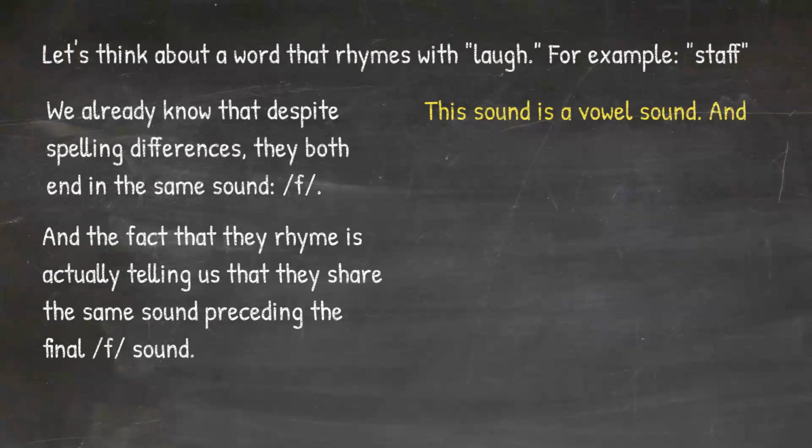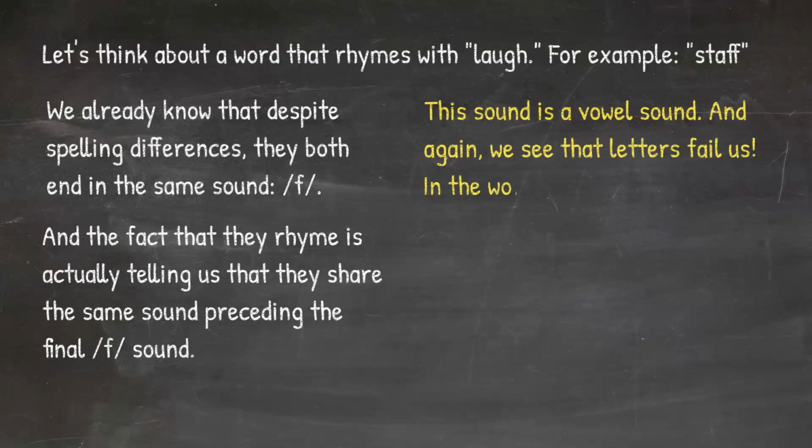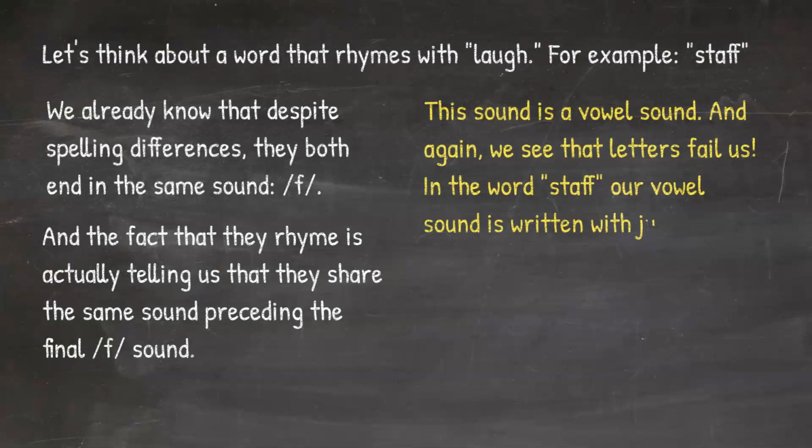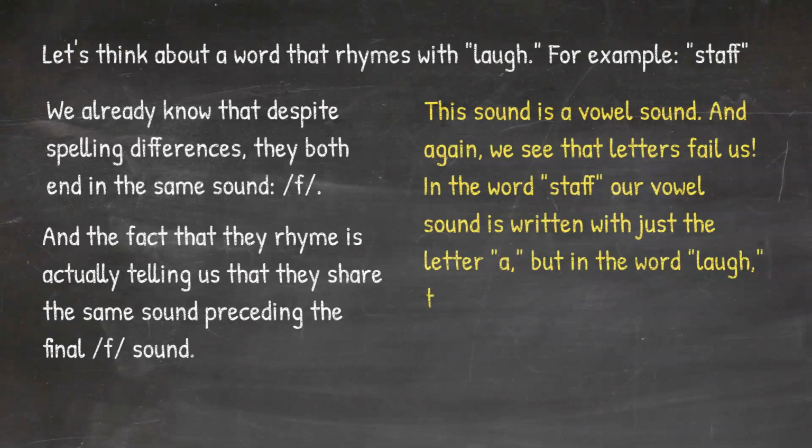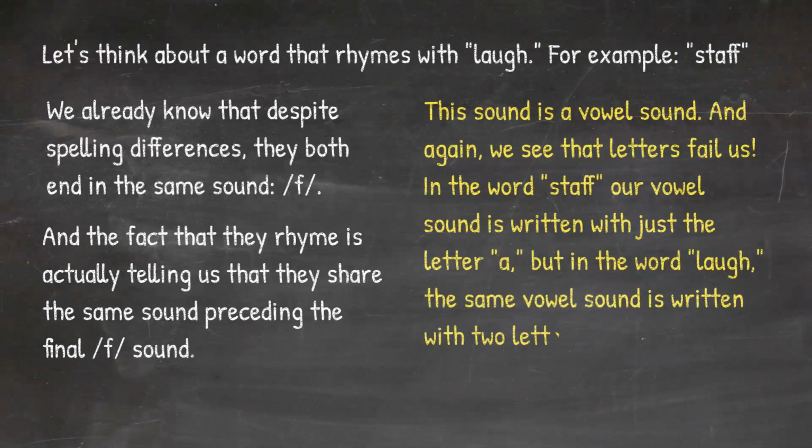This sound that we're calling a vowel is again an example where the letters that we use to spell fail us. In the word staff, the vowel sound is written with just the letter A. But in the word laugh, that same vowel sound is written with the 2 letters AU.